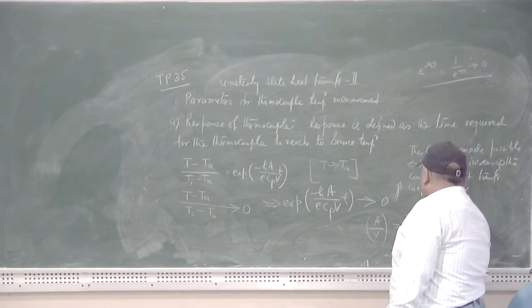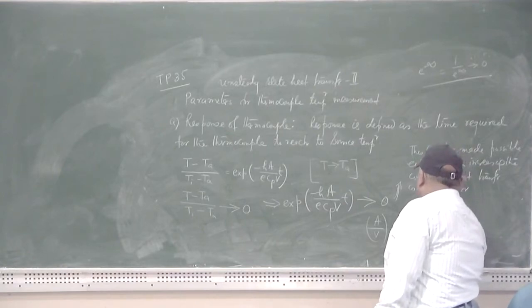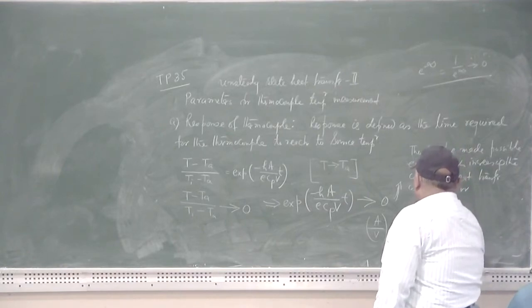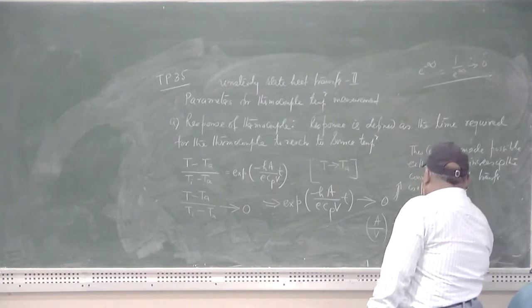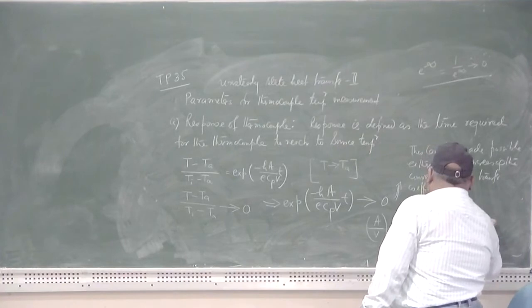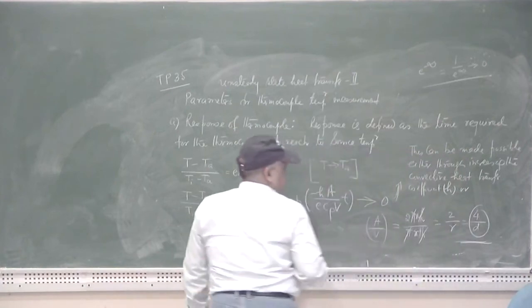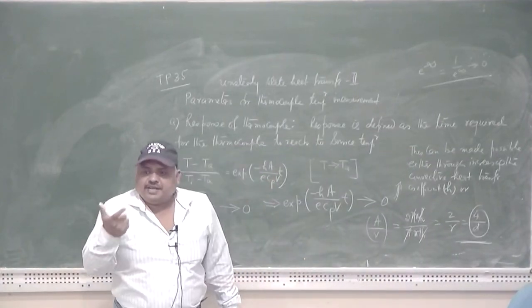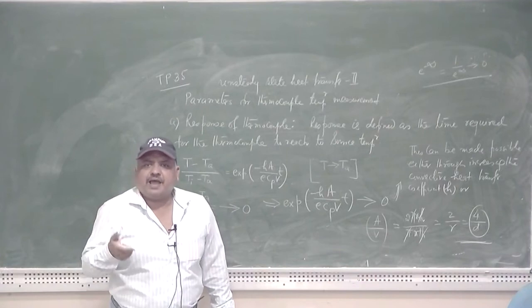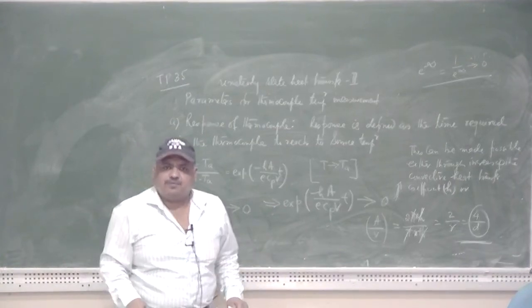So pi and h will get cancelled out, that is equal to 2 by r, that means equal to 4 upon d. It means this quantity A by V will increase if I am reducing the diameter of the thermocouple.